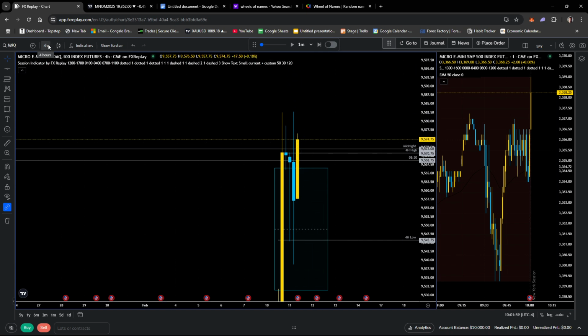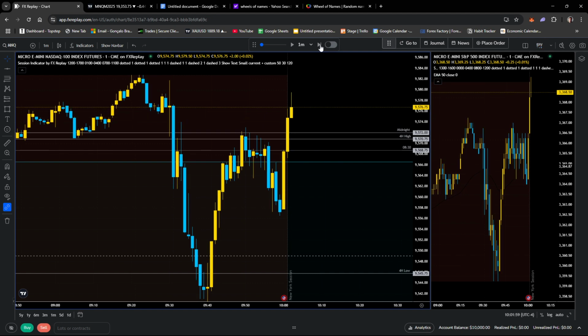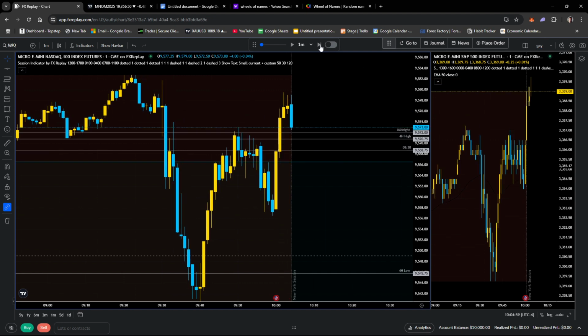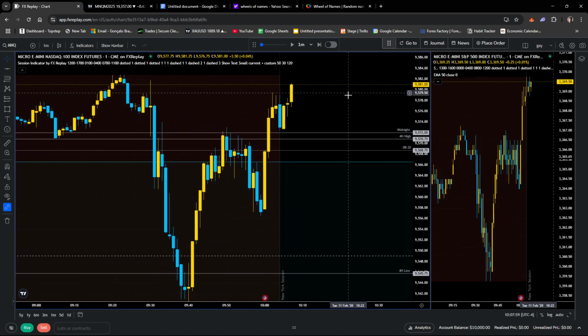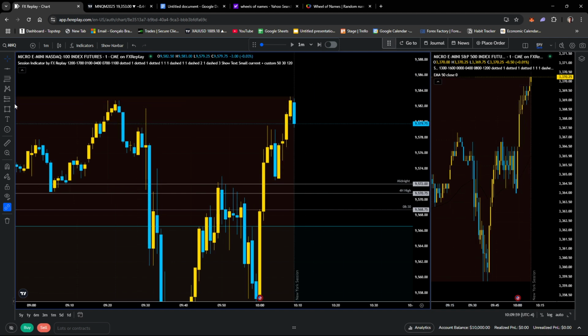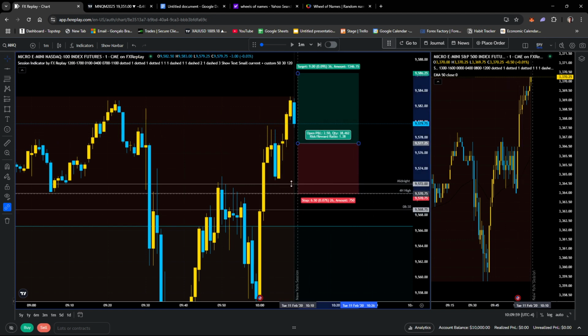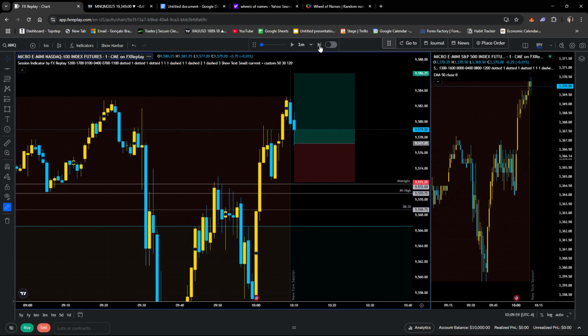Okay, so we're not going to take the first one. We can take the second one. Swipe the high here. But we're going to try this. So we're in. We've secured 0.5.